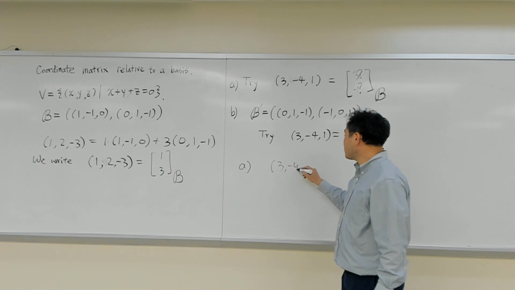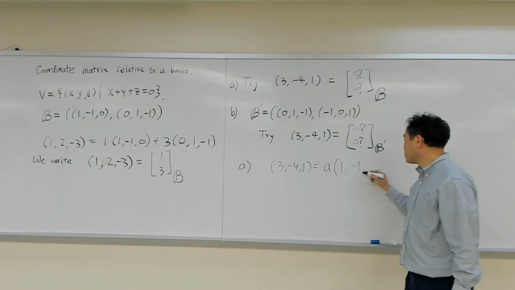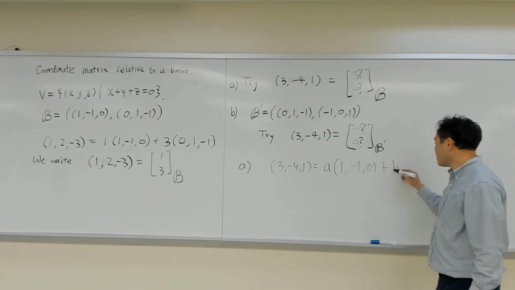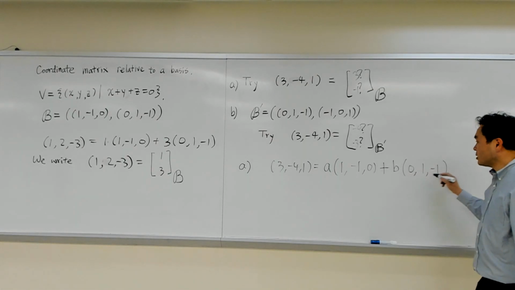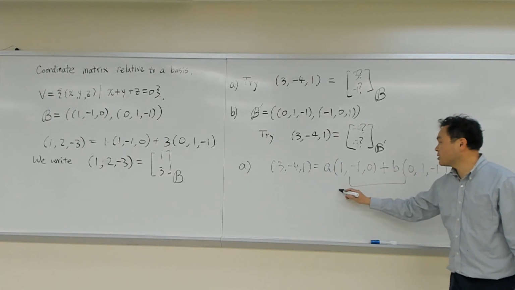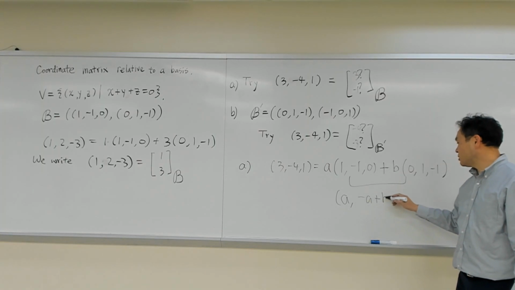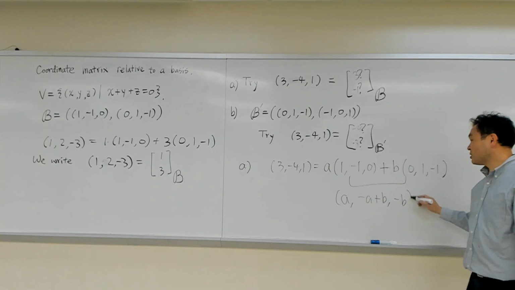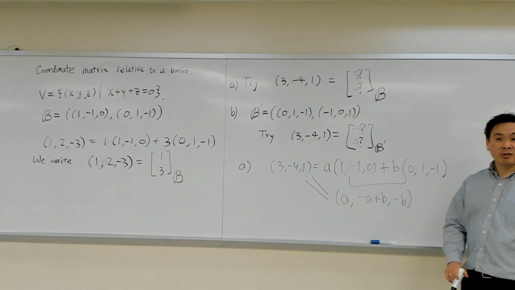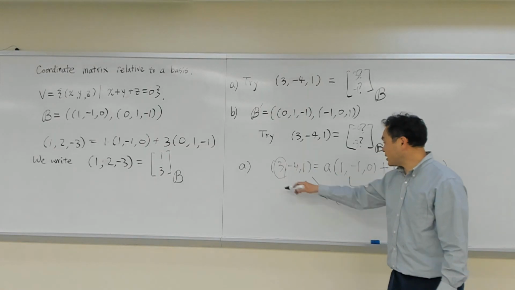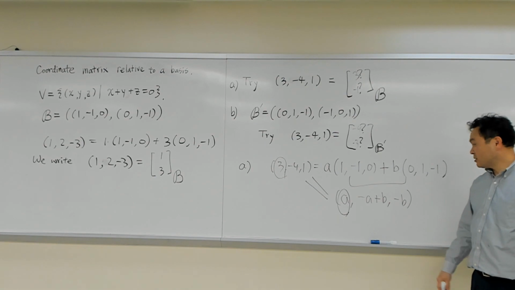3, negative 4, 1 is equal to something times 1, negative 1, 0, plus something times 0, 1, negative 1. Now if you simplify this, you get a, comma, negative a plus b, comma, negative b, right? And then these two have to be equal. And if you look at the first one, a has to be 3, right?